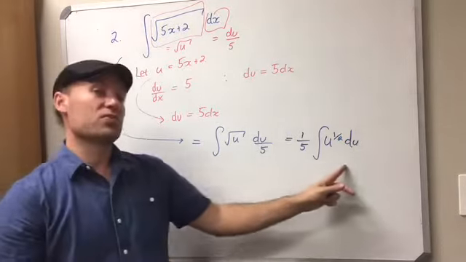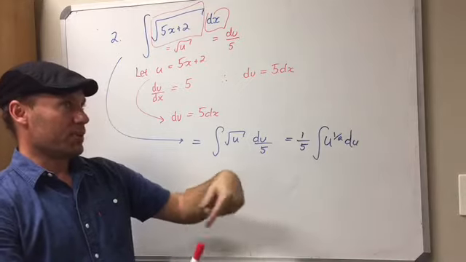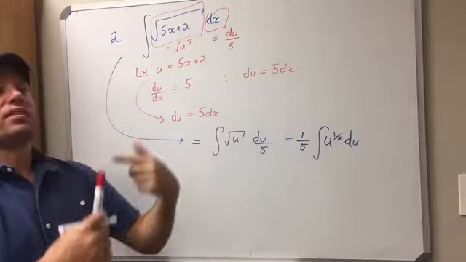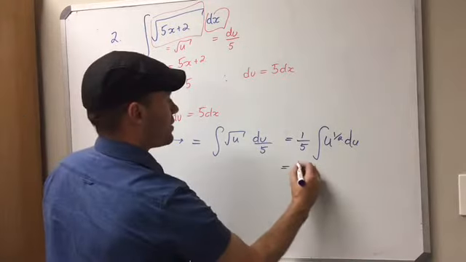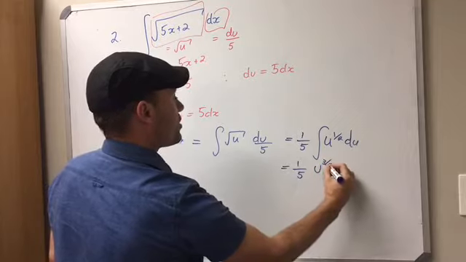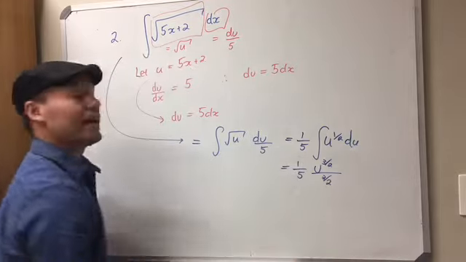When it's written in this form, it's much clearer how to integrate it. The integral of something to the power n is x to the power n plus 1 over n plus 1. So I get u to the power of a half plus 1, which is u to the 3 over 2, over 3 over 2. And I'll just leave it like this.